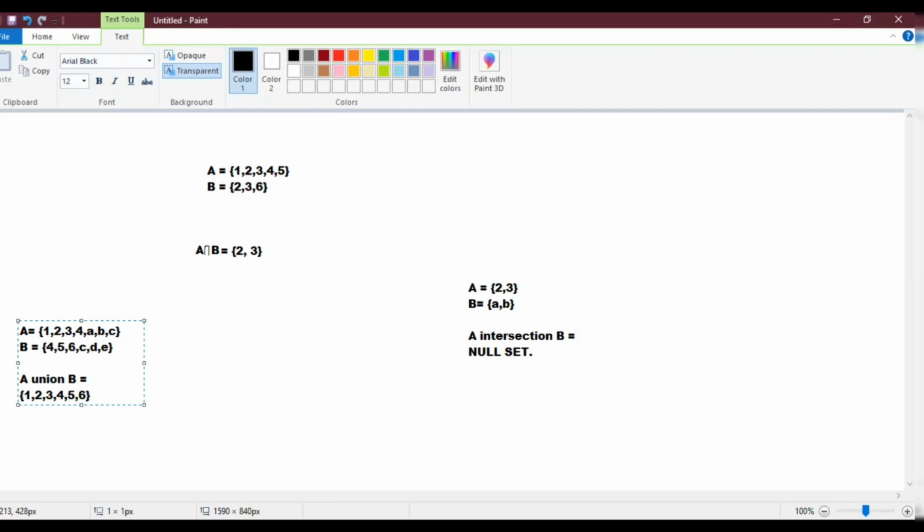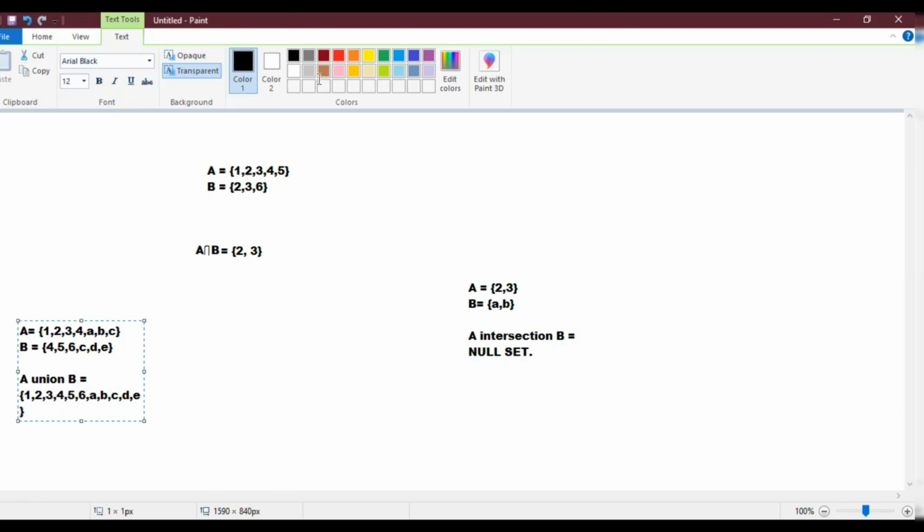And here a, b, and c is present in both of them, so you write it only one time. We will not write it multiple times. Okay, so here d and e.